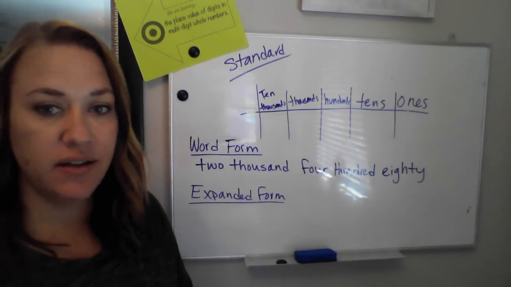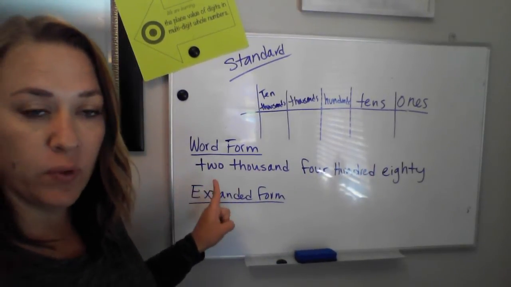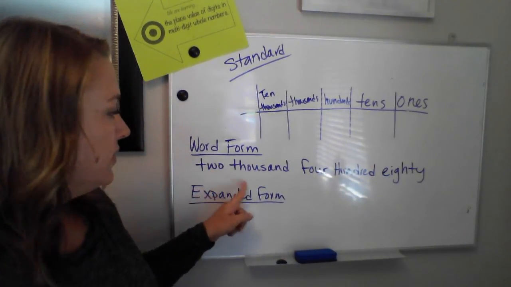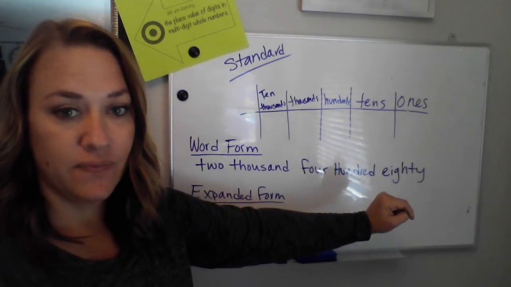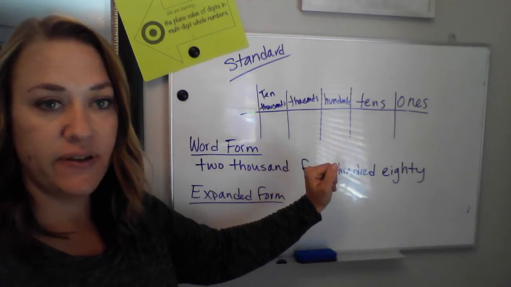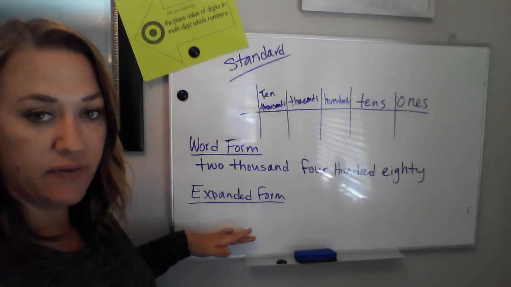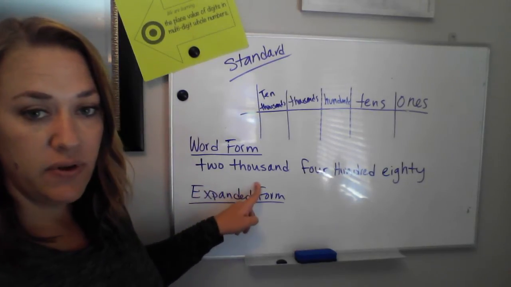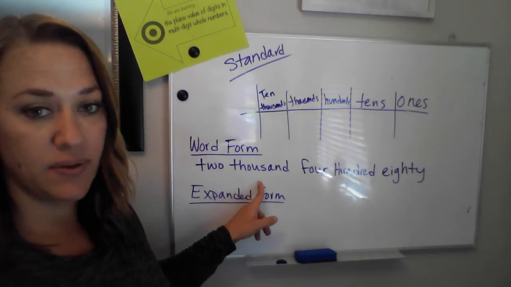Okay, so I was trying to get the glare off of that right there, but we have our word form and it says 2,480. Okay, so I want you to think about that. Where are we going to place this on our place value chart to help us write it in standard form and then expanded form? 2,000. It doesn't say 10,000, it says 2,000.